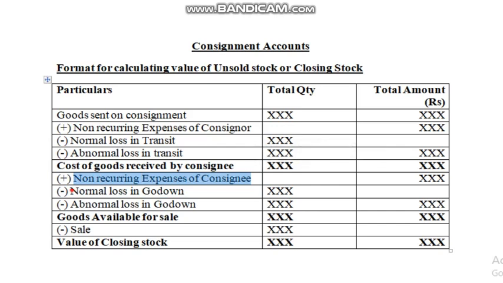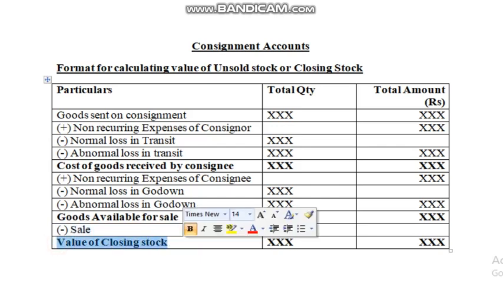Then deduct normal loss and abnormal loss in godown. So this is the loss which occurred in the place of consignee. Then you will get goods available for sale. Then deduct sales, and finally you will get the value of closing stock.